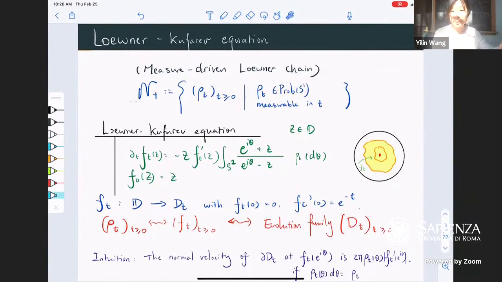Either way, you can determine the evolution family by f_t, and you can determine the measures too. So these three objects can be determined one by the other. We will be looking at this viewpoint: if I give you a family of measures, I will look at the evolution family D_t.